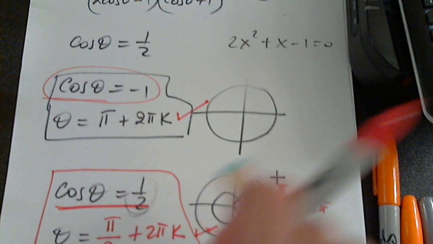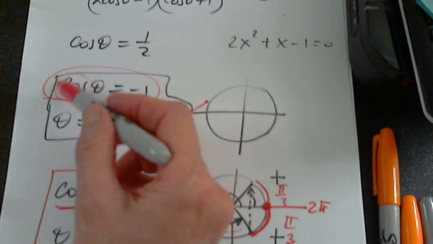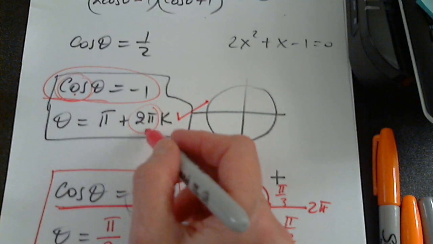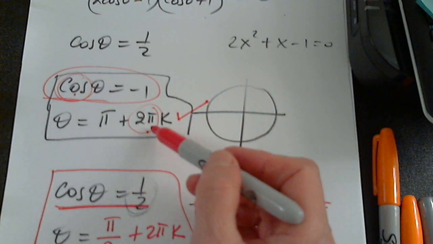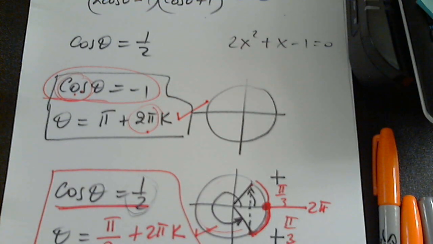But if I'm asked to present all possible solutions, I have to use 2 pi because the period of cosine is 2 pi. If this were tangent, I would have used only pi. If I had sine, I would have had to use 2 pi as well. Everything has period 2 pi except tangent and cotangent. Any questions?